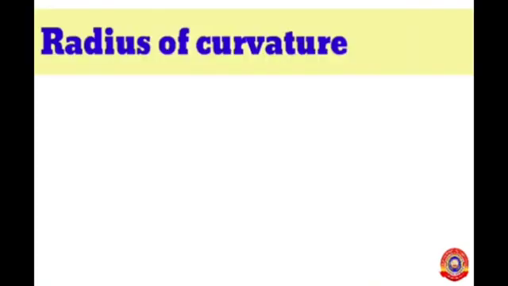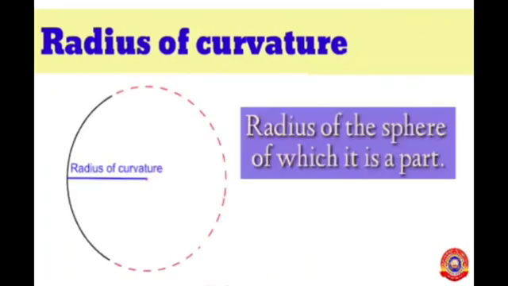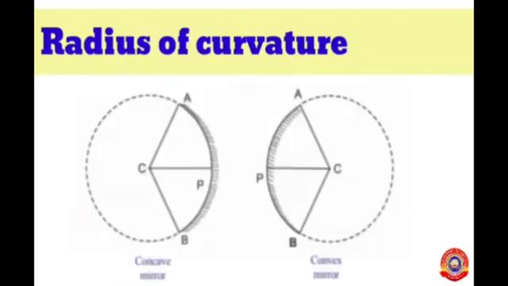Next one, radius of curvature. Radius of curvature of a mirror is the radius of the sphere of which it is a part. Distance from the center of curvature to the reflecting surface of the mirror is the radius of curvature. Here, CA, CP and CB indicate the radius of curvature.